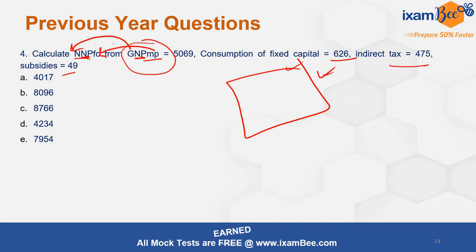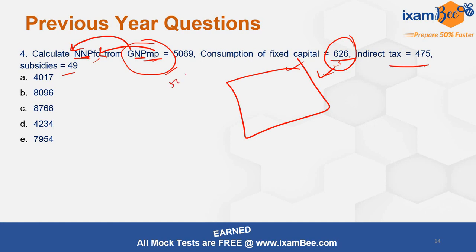In order to move from gross to net, we deduct the depreciation, which is the consumption of fixed capital, right? And in order to move from market price to factor cost, you deduct the net indirect taxes, right? So indirect taxes minus subsidies, the difference you are going to deduct.